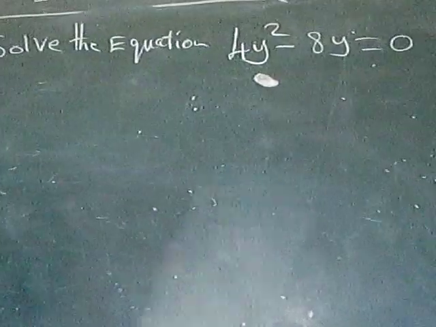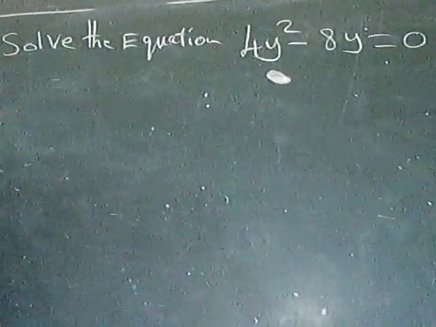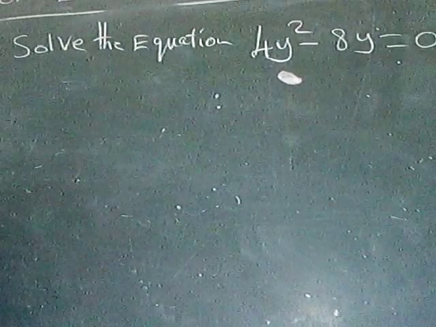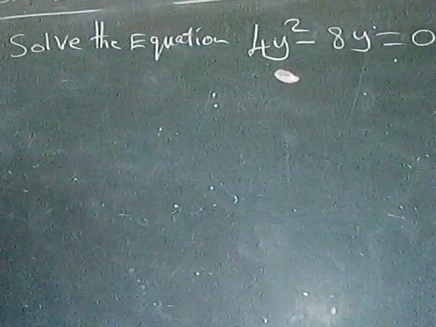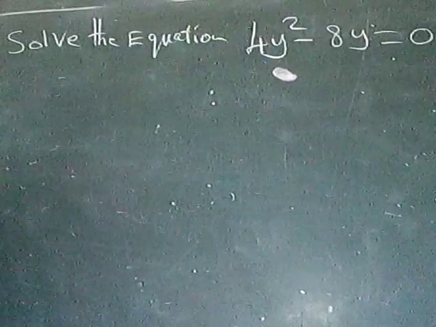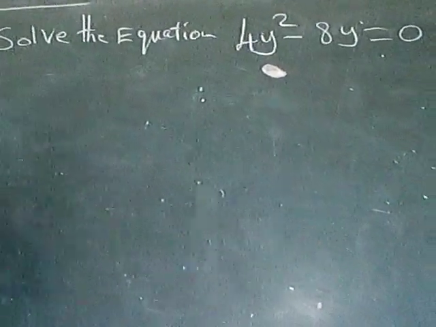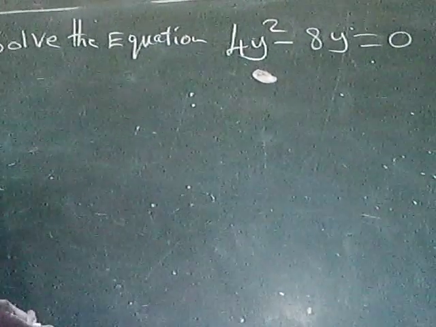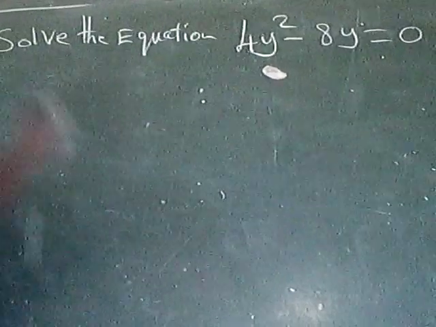Now, if you look at the way the equation is, this equation is what we call a quadratic one. Why is it a quadratic? Because the highest power of y is 2. If the highest power of the variable is 2, it means that we're going to find 2 values of that variable.